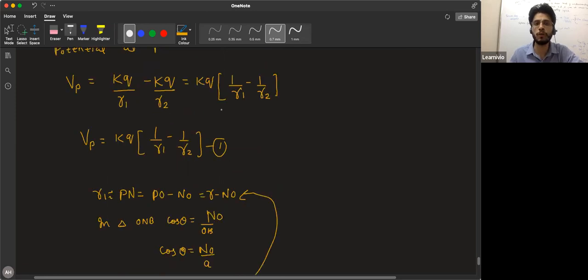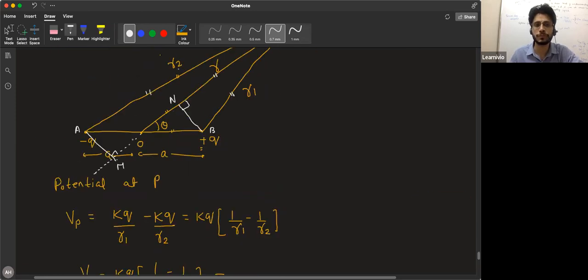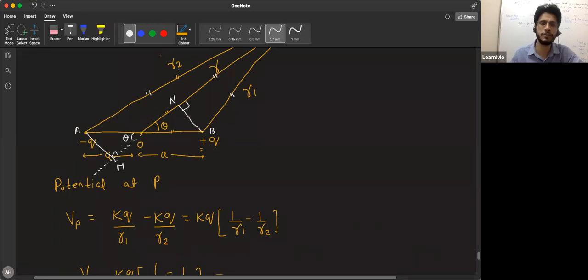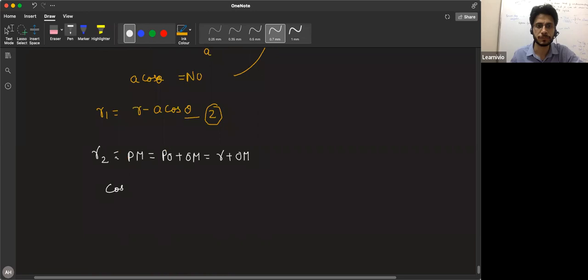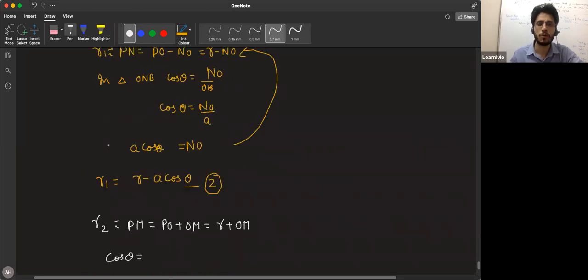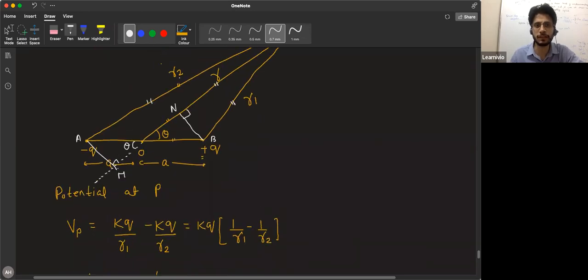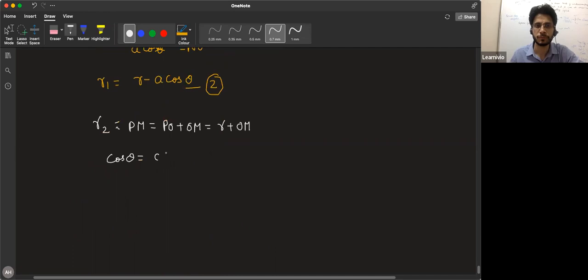Now to calculate OM, if this is theta, then this is theta. We can take cos theta. Cos theta is again base upon hypotenuse. So that's OM by AO.